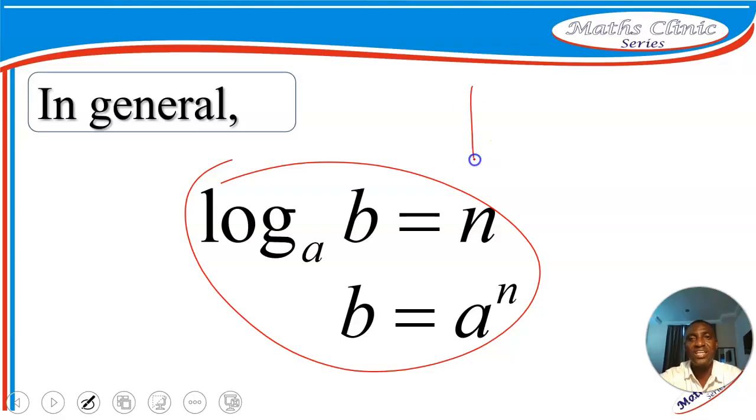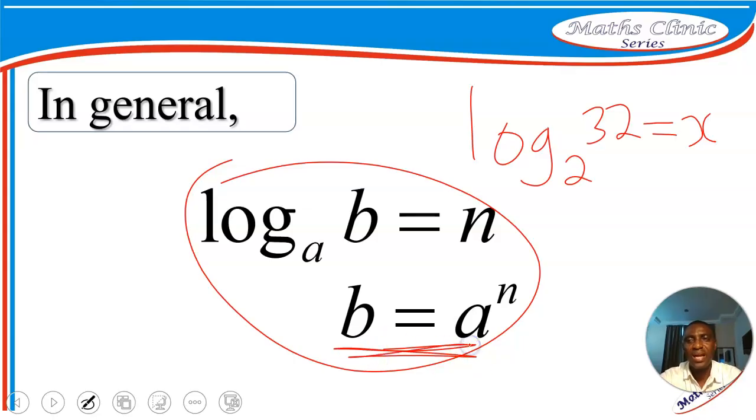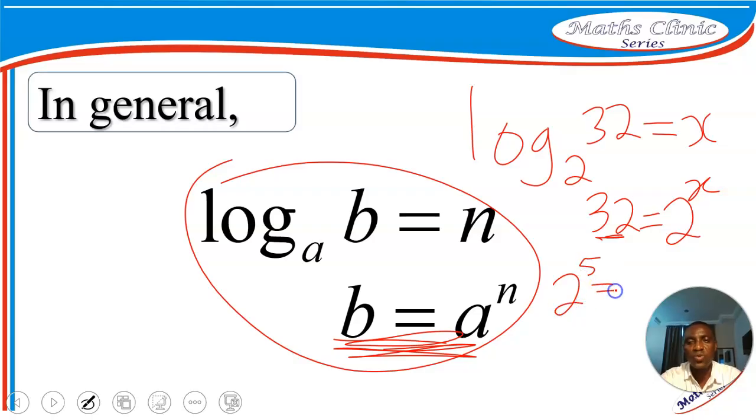For example, if I ask you what is log 32 base 2, all you need to do is this: you don't know the value, so let me assume that the value is x. Now, by this definition that we have here, I can write 32 to be equal to 2 exponent x. Now, in indices, I can change 32 to 2 exponent 5, which is equal to still 2 exponent x.